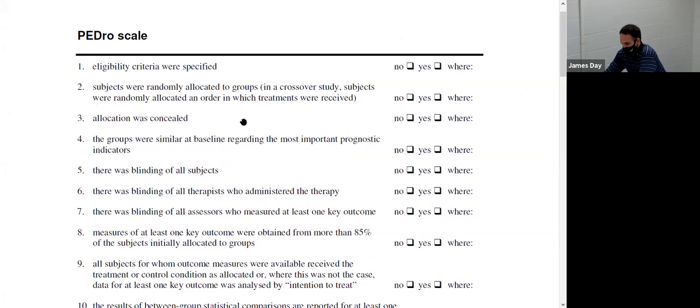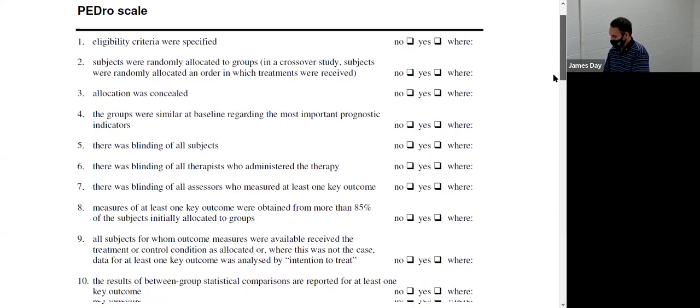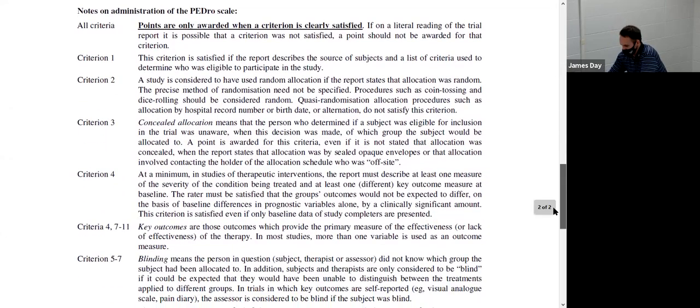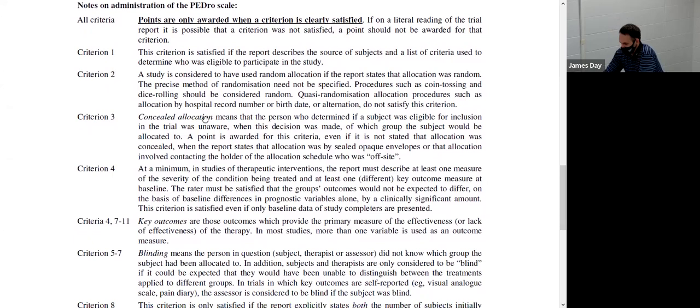So 3 is allocation was concealed. So if we go and look at the description here, concealed allocation means that the person who determined if a subject was eligible for inclusion in the trial was unaware, when this decision was made, of what group the subject would be allocated to.